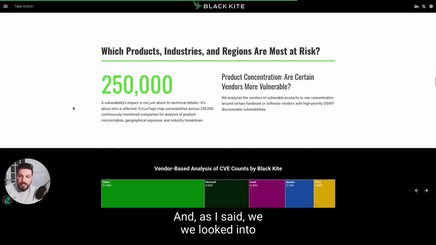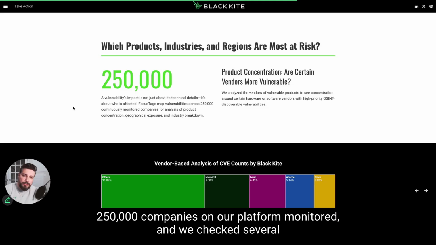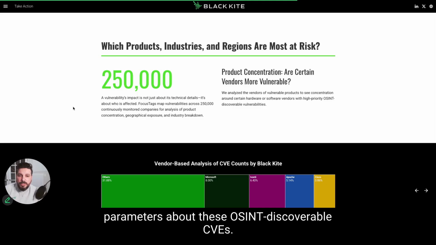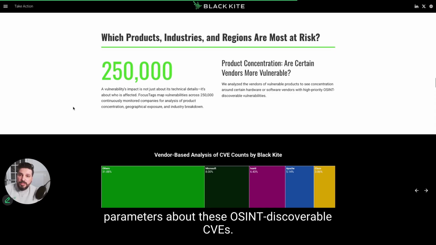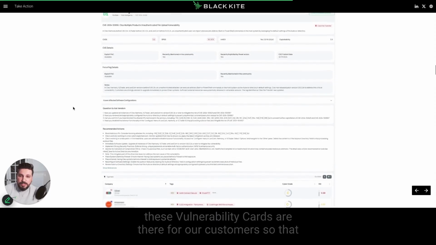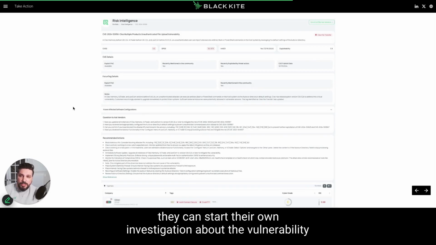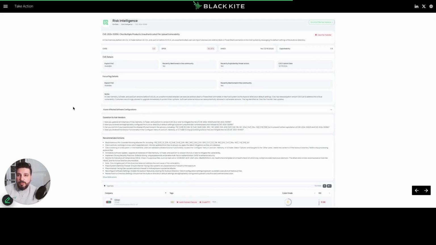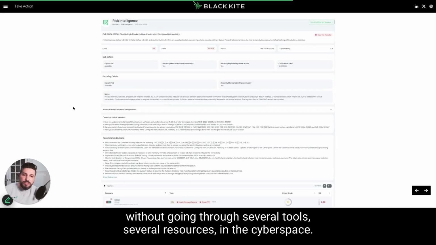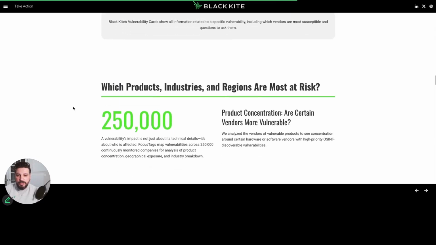And as I said, we looked into 250,000 companies monitored on our platform, and we checked several parameters about these OSINT discoverable CVEs. But before going into that, I want to emphasize again, these vulnerability cards are there for our customers so that they can start their own investigation about the vulnerability without going through several tools, several resources in the cyberspace.